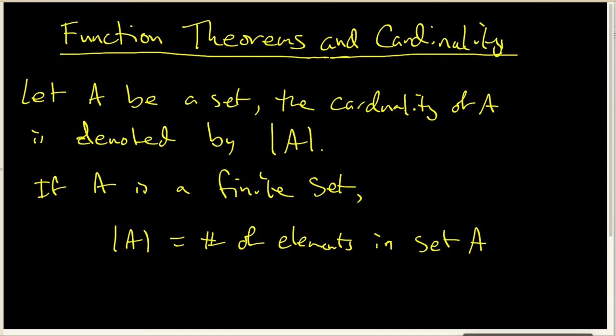What I want in this video is to look at several theorems about functions on finite sets, and some of them extend to infinite sets and some of them don't, but I'm not going to worry about that. I'm going to mainly worry about the finite set case.